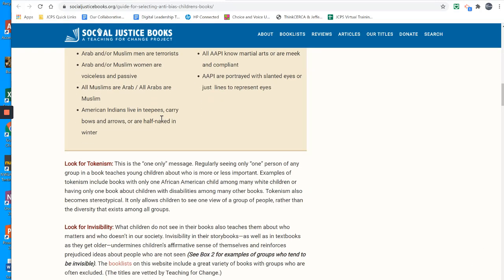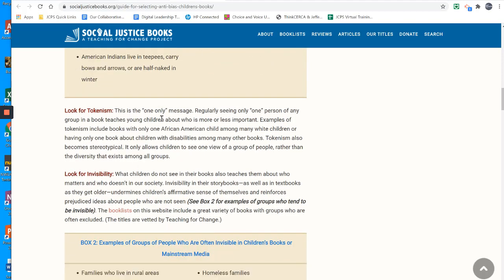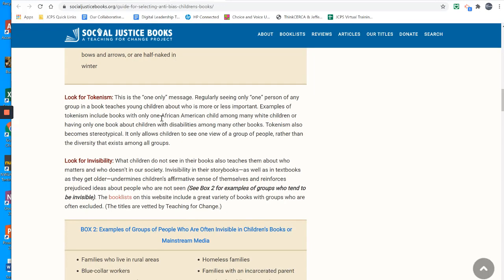It also encourages us in this entry to look at tokenism, and that's the notion that if you have a text, there's a lone minority represented in that text, and that one represented minority speaks for the entire culture in that piece. So we just want to be mindful of texts that perpetuate tokenism.